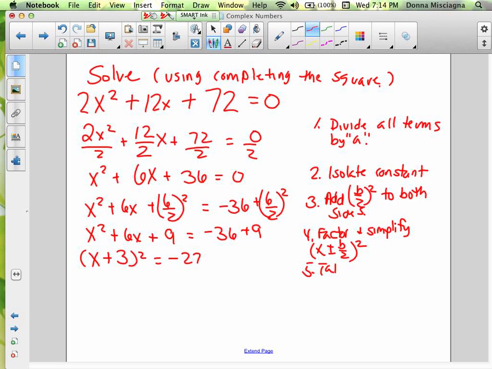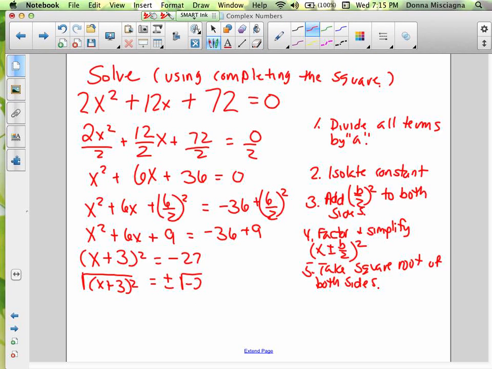Take the square root of both sides. So we have the square root of (x plus 3) squared equals plus or minus the square root of negative 27.